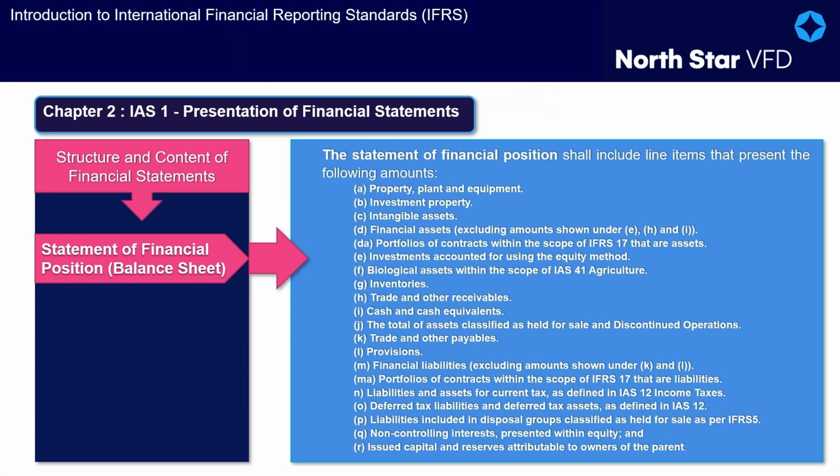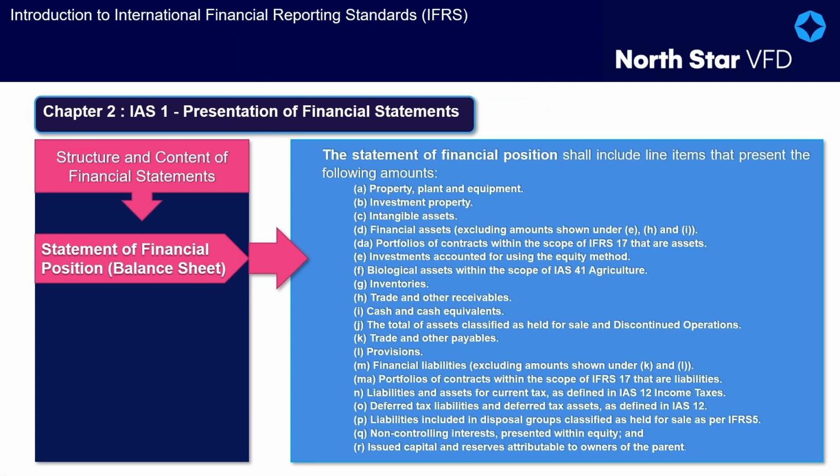The information required on the face of the statement of financial position includes line items that present the following amounts. 1. Property, plant and equipment. 2. Investment property. 3. Intangible assets. 4. Financial assets, excluding amounts shown under 6, 9 and 10. 5.